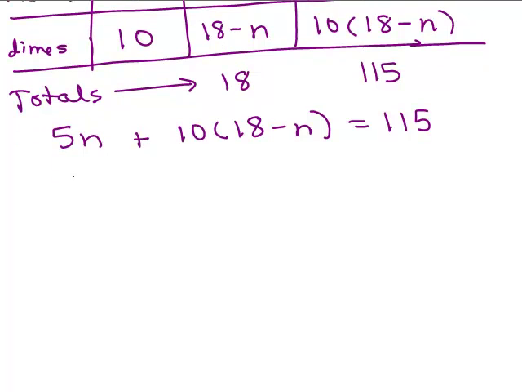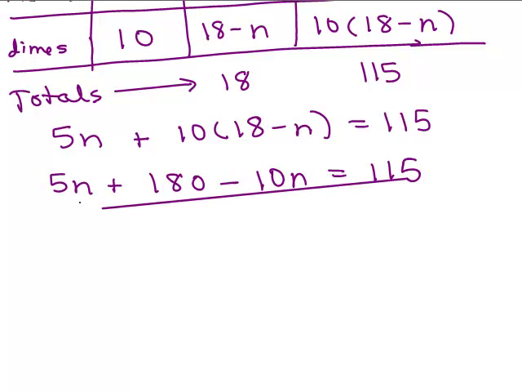So let's see. 5n plus, now I'm going to distribute my 10. 10 times 18 is 180, minus 10 times n is 10n, equals 115. And so on the left-hand side, I don't want to get a negative number, so I'm going to multiply both sides of the equation by -1.